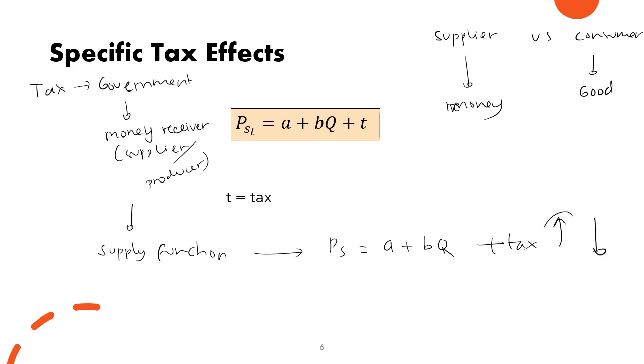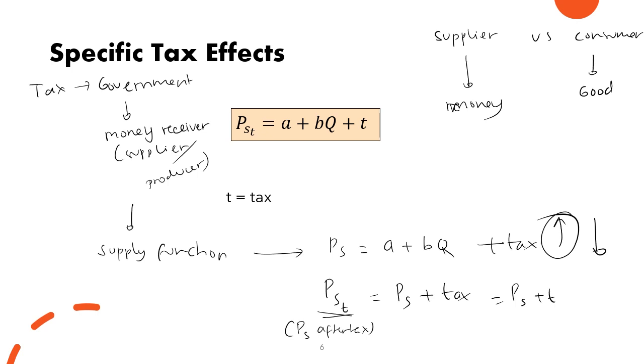Of course, it is going to be higher. So this is what I call the supply function after tax, and I symbolize it with PST. PST is basically PS plus the tax from the government, PS plus T.